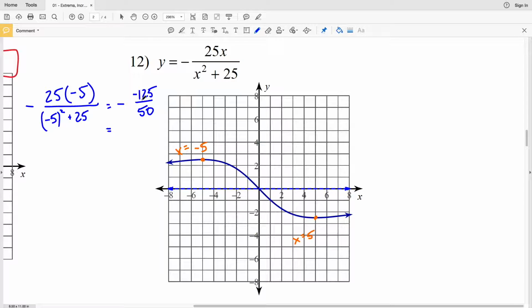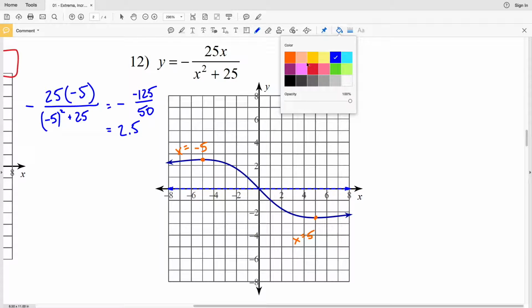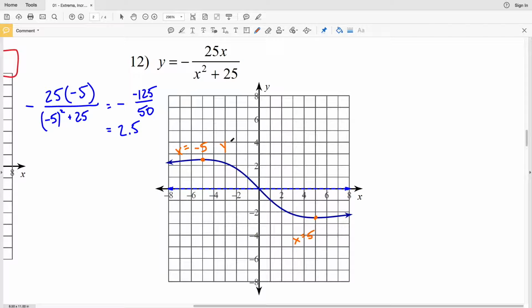So the opposite of -125 over 50 is the opposite of -2.5, which is a +2.5. So when x is equal to -5, y is +2.5.